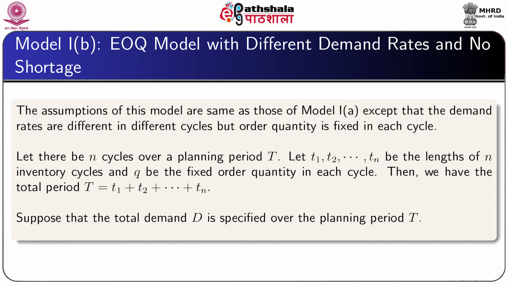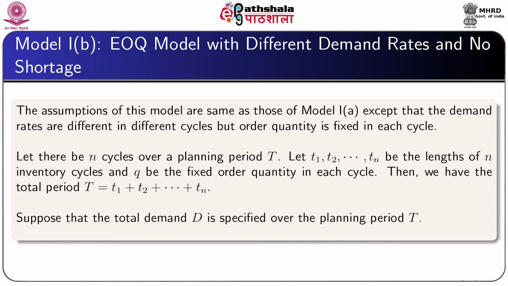Now we proceed to the next model, that is model 1B, EOQ model with different demand rates and no shortage. This inventory system operates on the assumption of model 1A, except that the demand rates are different in different cycles, but order quantity is fixed in each cycle.